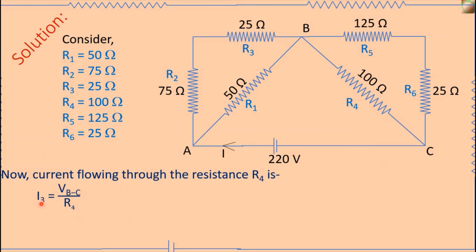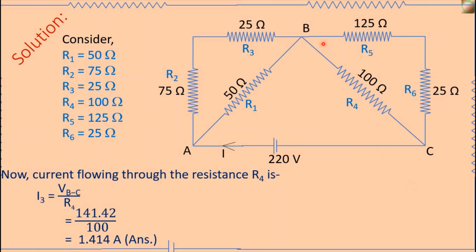We know I3 is equal to VBC divided by R4, and VBC we have already determined as 141.42. 141.42 divided by 100, and after calculation this is 1.414 ampere. This is the current flowing through the resistance R4.